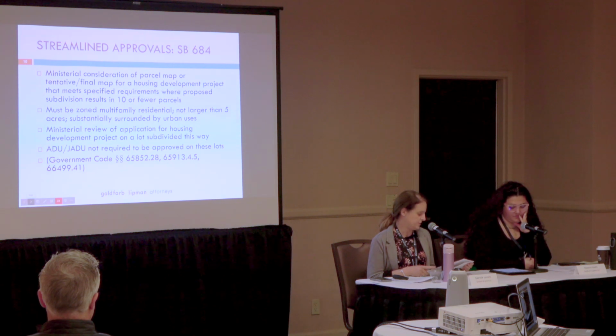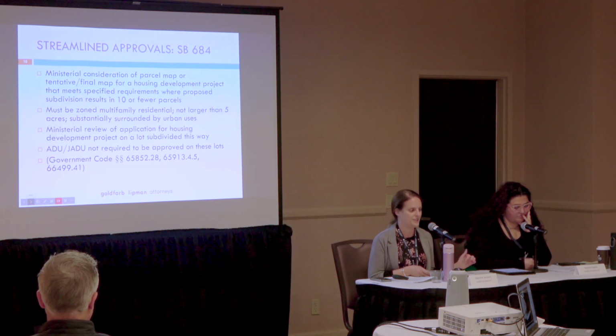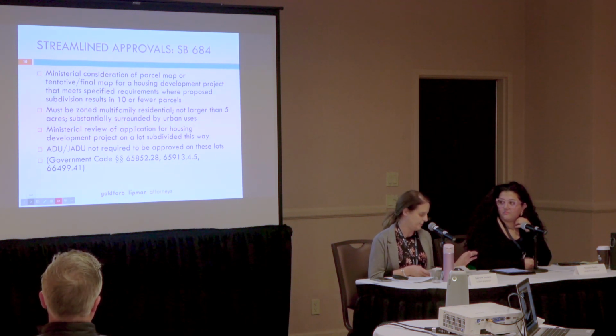The subdivision must result in 10 or fewer lots, and the proposed development has to contain 10 or fewer residential units, and that has to comply with the other new government code section that deals with the housing portion, and I'll get into that momentarily.